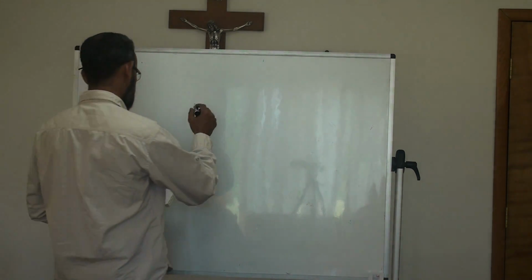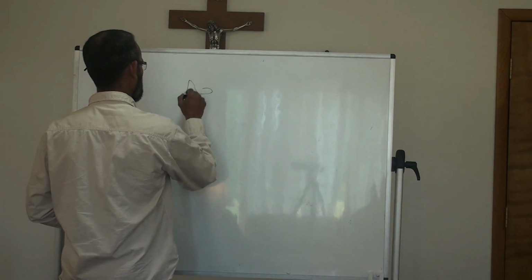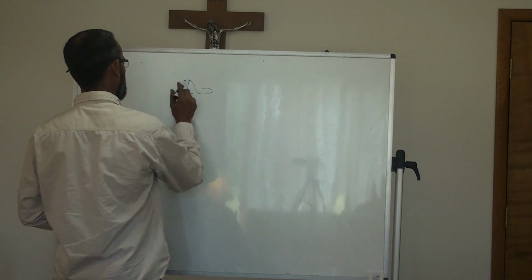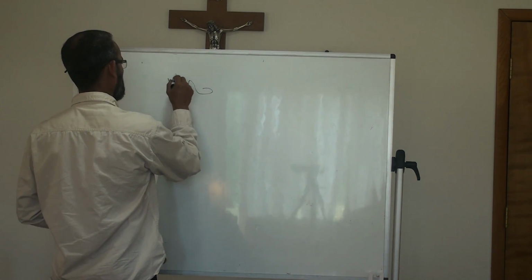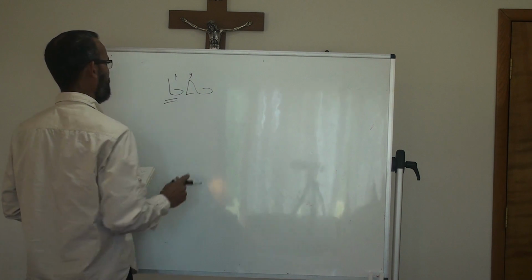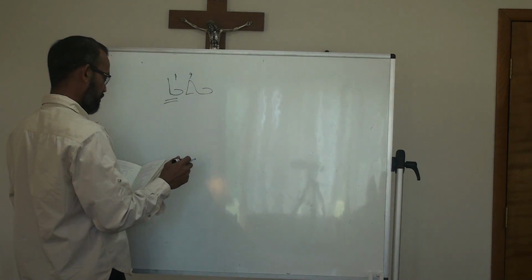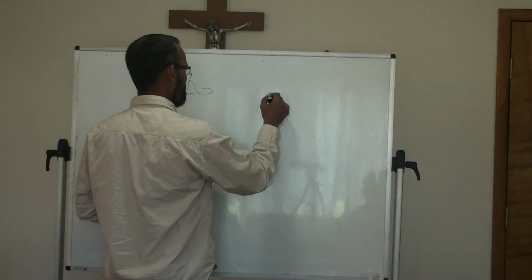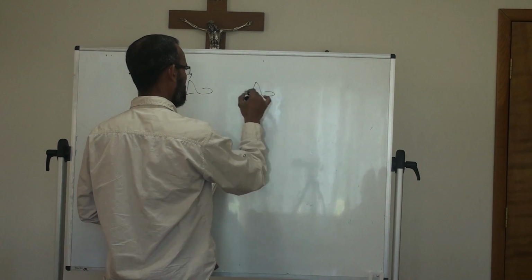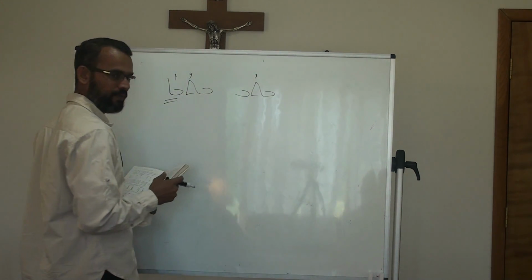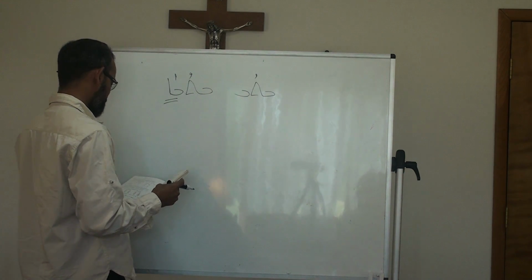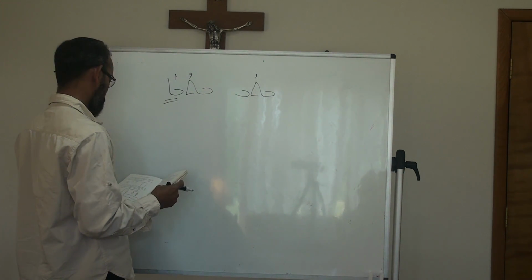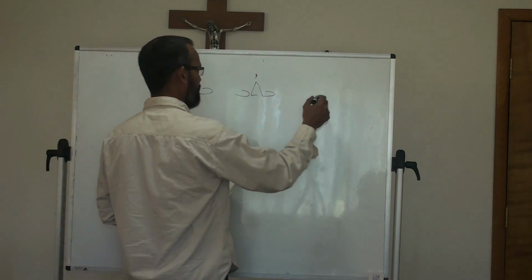So the form which we learnt is Thobo, a noun ending in O. If it's in the absolute, it will be Thob, and the plural will be Thobin.